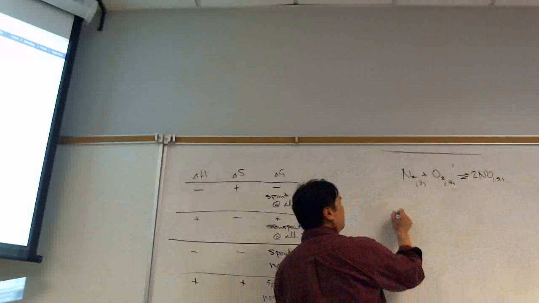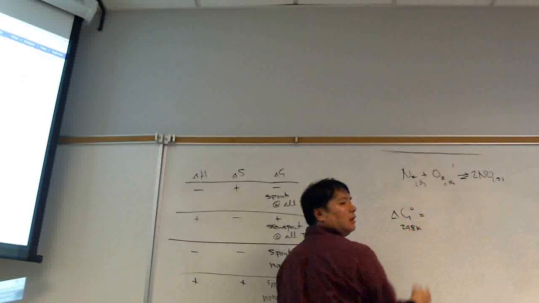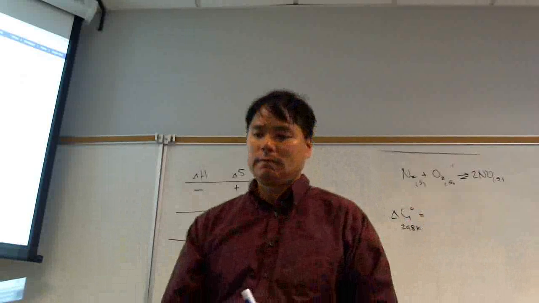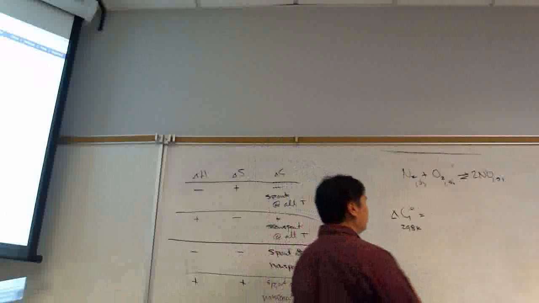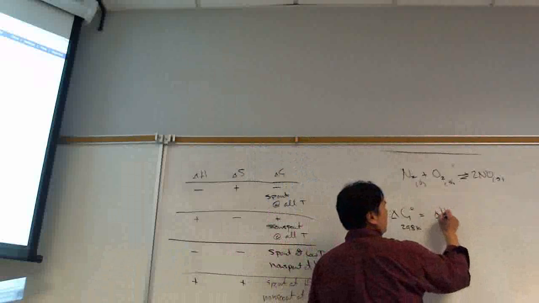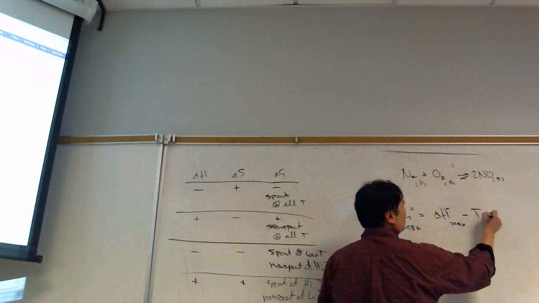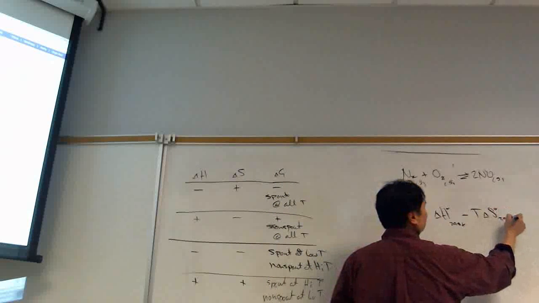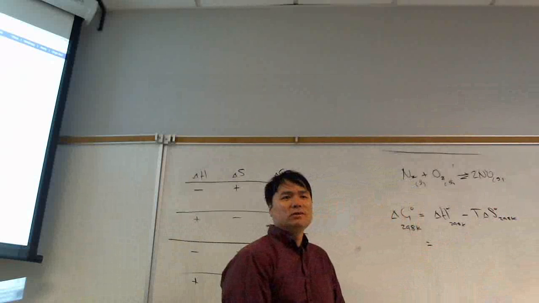But let's go ahead and calculate our delta G. This is going to be a standard condition at 298 Kelvin. And so what do we do here? Well, we need our delta H naught minus T delta S naught at 298 Kelvin. The temperature is going to be 298 Kelvin.